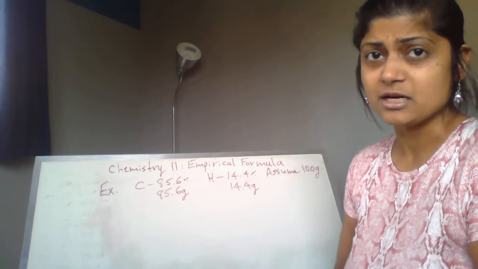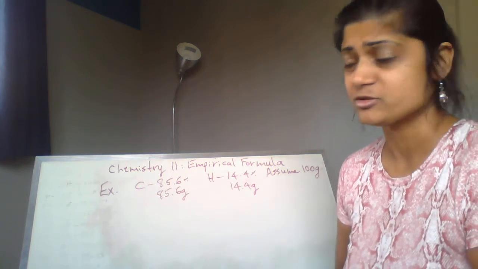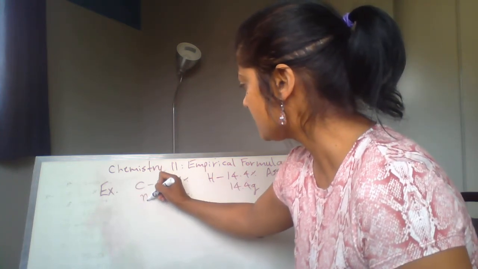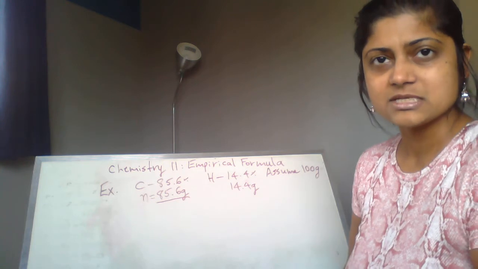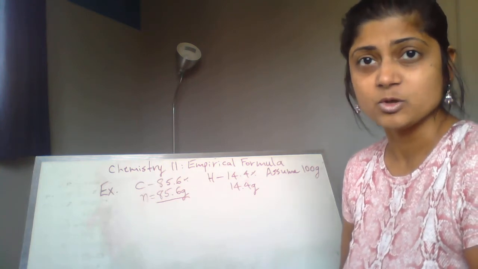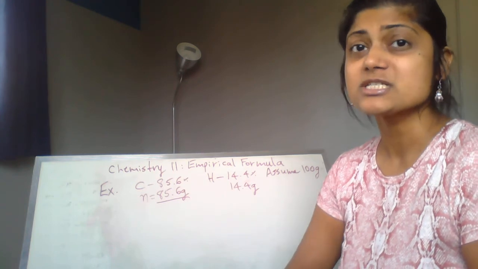What we're going to do now is look for the number of moles for carbon and for hydrogen. So I'm going to put a small n here. Remember, the moles is equal to the mass divided by the molar mass. Check your periodic table for the molar mass of carbon, which is 12.